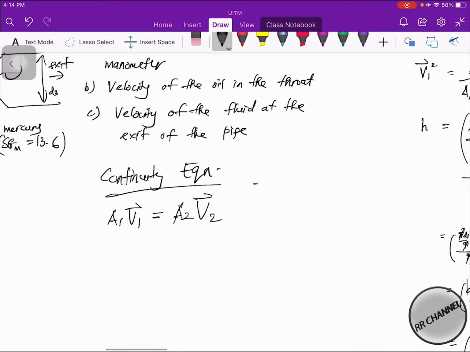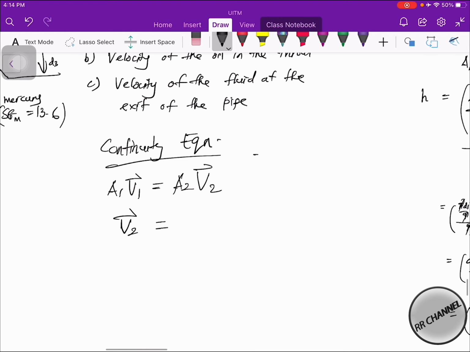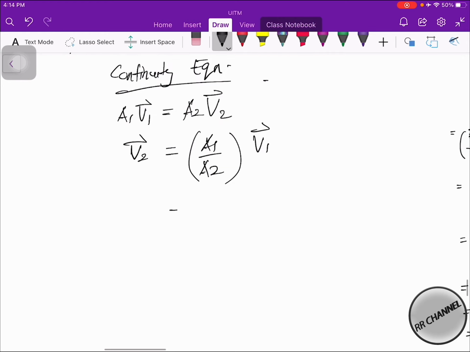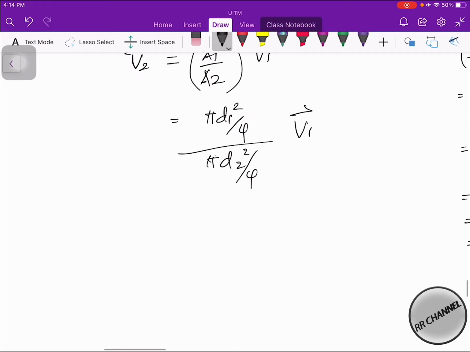We have already the velocity at point 1, so the velocity at point 2 is equal to A1 over A2 multiplied with V1. So here, pi d1 square over 4 divided by pi d2 square over 4 times V1. Then this can be cancelled out.